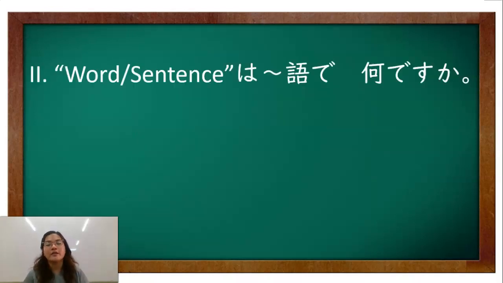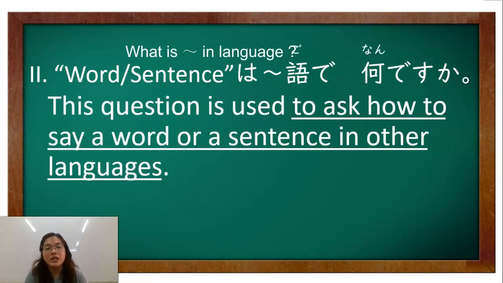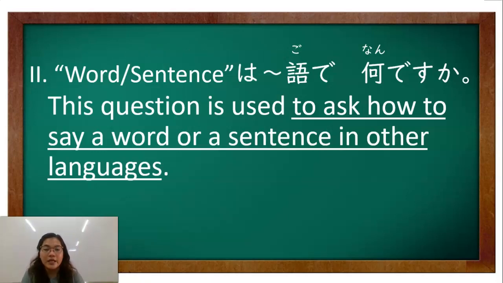So, another sentence structure here in Lesson 7. The second one is word/sentence wa nani nani go de nan desu ka? This question is used to ask how to say a word or a sentence in other languages. So, nani nani blank language de nan desu ka?